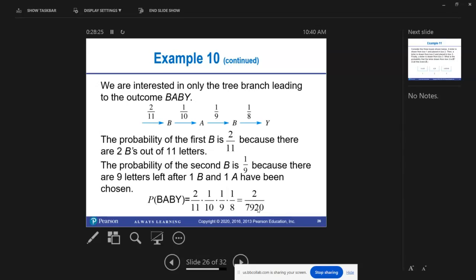So it should end up being 1 over 3,960. Let me see if this will let me write on that. Pen, 1 over 3,960. Please excuse this, I'm writing with my mouse, but at least we have the right answer on there now.